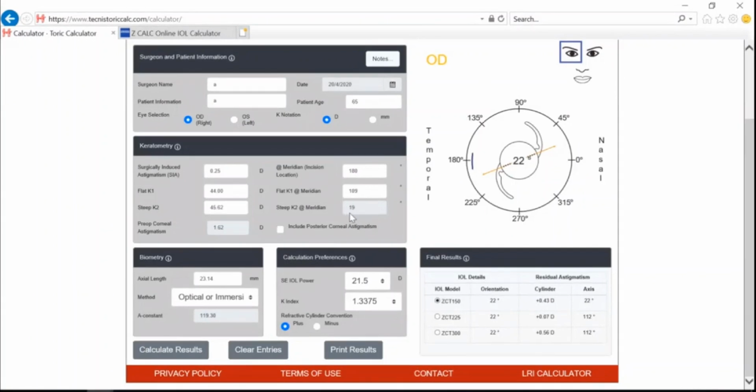So rather than 19 degrees, it's now changed to 22 degrees. This result shows that the axis of the astigmatism remains unchanged, because the steep axis at 22 and the steep axis at 19 means the axis of the astigmatism remains unchanged, but the magnitude of the astigmatism has gone down.